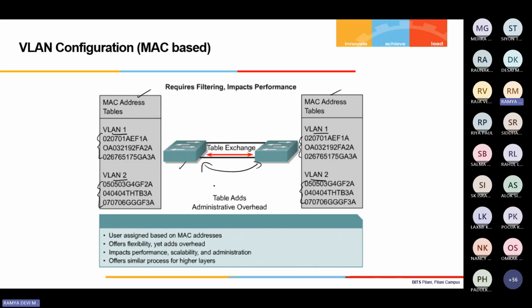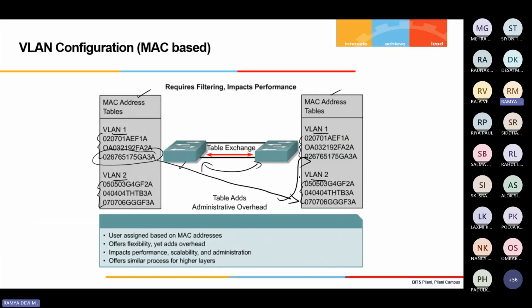So this is how the assignment can be done based upon the MAC address. Instead of port numbers, we can go with assigning the MAC address. Flexibility is also provided: when a system with a given MAC address is moved from this switch to a different switch, it can still be connected to VLAN 1, based upon the MAC address.